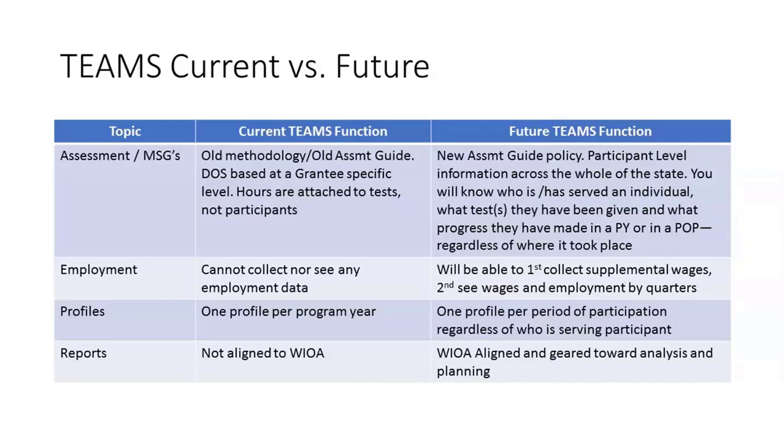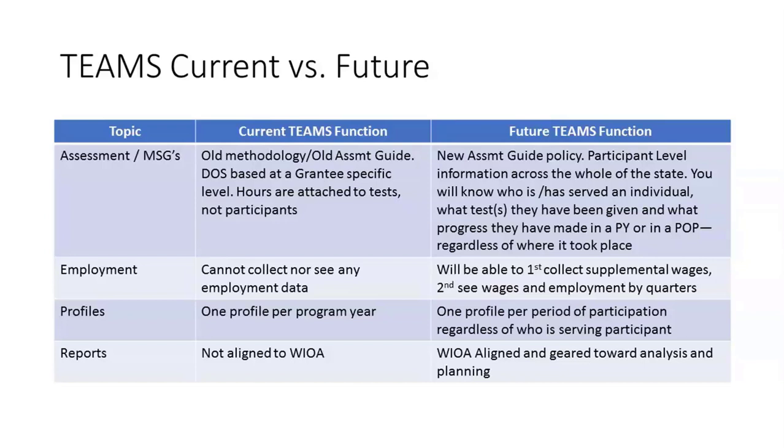In the future TEAMS, for assessment and MSGs, the new assessment guide policies will all be implemented into TEAMS. If something exists within that assessment guide, TEAMS is going to start having the functionality to correspond to all those policy changes. So you're going to know exactly who an individual is at a state level.